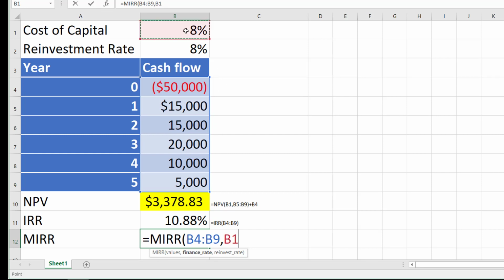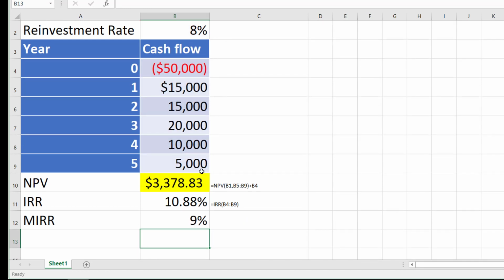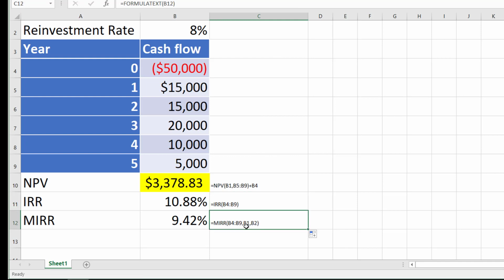That is the cost of capital, comma, and reinvestment rate, meaning at what rate can you reinvest all the cash you can generate from this investment. And we have assumed that is the same as the cost of capital, right? So therefore we're going to do this 8% and parenthesis close and enter, and you get the MIRR equal to 9.42%. Again, if you want to see the formula, I drag this formula and you can see how they are computed.